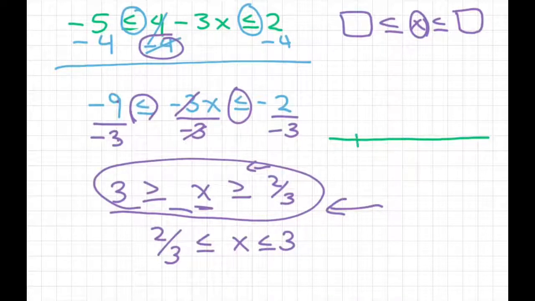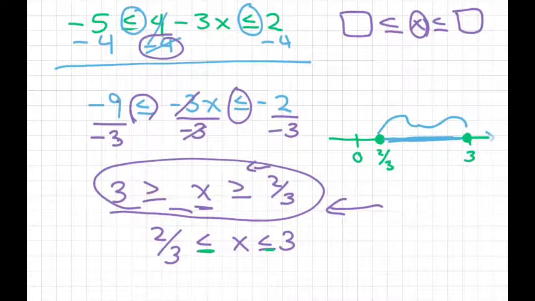I have a 0 here. Let's say this is 2/3, and I'll call this 3. Now it can equal it. See the equal signs? So I colored the intervals in, and it's all these numbers. x is in between 2/3 and 3.